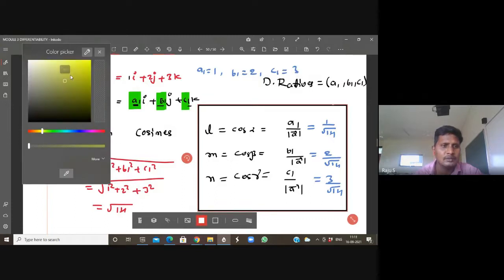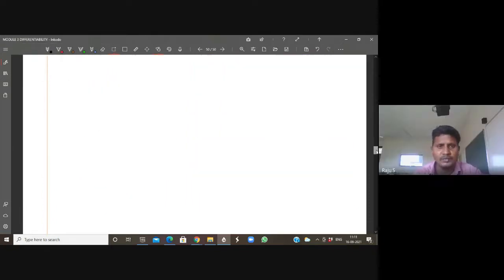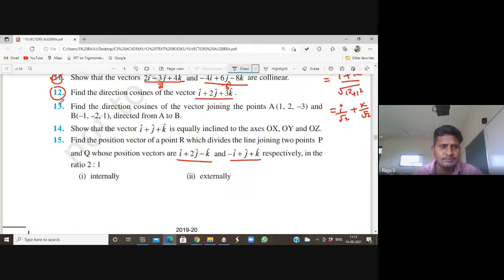Any doubts, friends? No, sir. Right, simple to find. But these direction ratios and direction cosines can play a very important role in 3D. Right, coming to the next question.